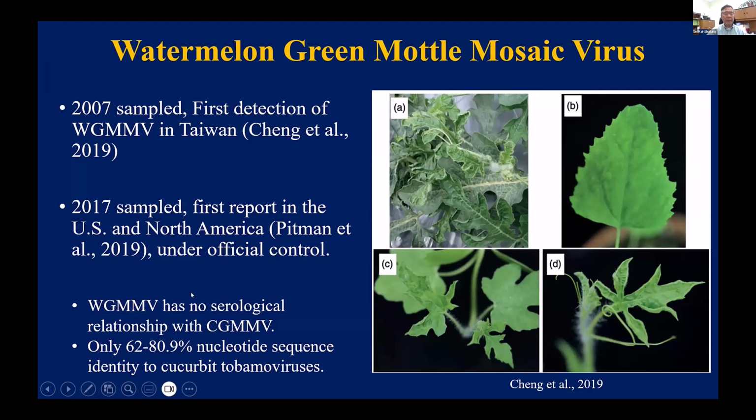Watermelon green mottle mosaic virus has no serological relationship with CGMMV, which means that when using ELISA for CGMMV detection or seed health testing, you are going to miss it. They share about 62 to 81% nucleotide sequence identity with other tobamoviruses, so you can design primers to specifically detect those viruses.